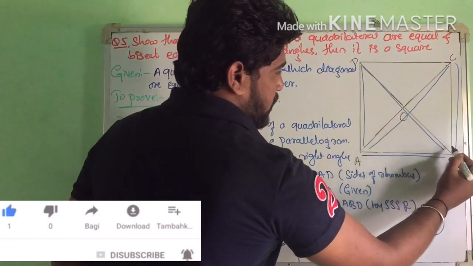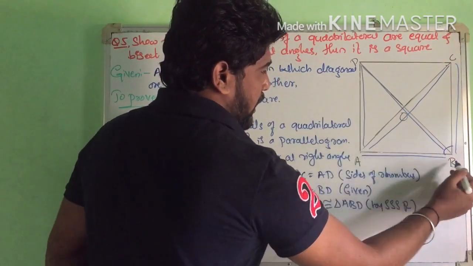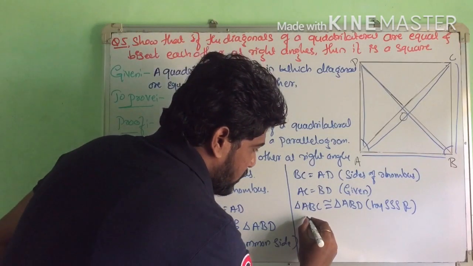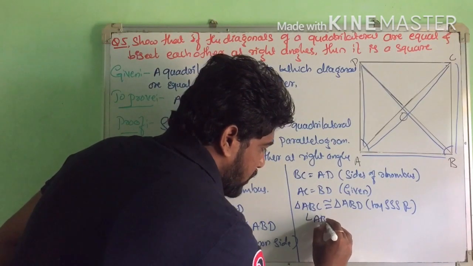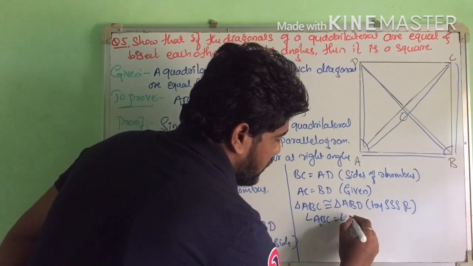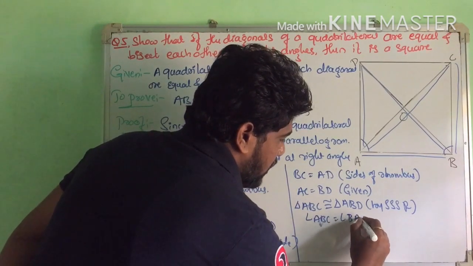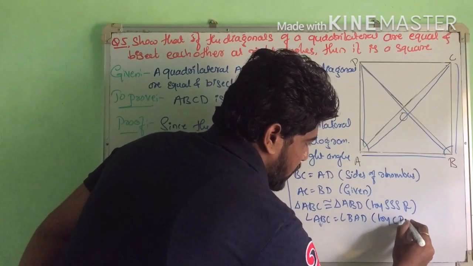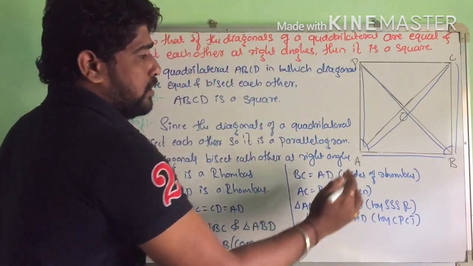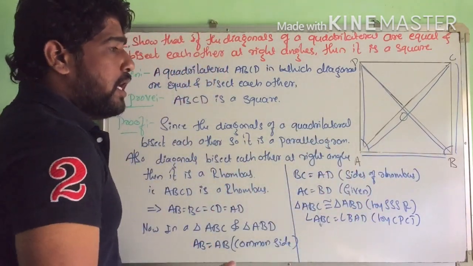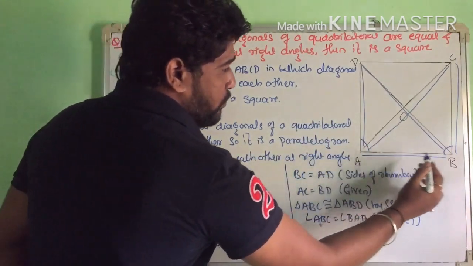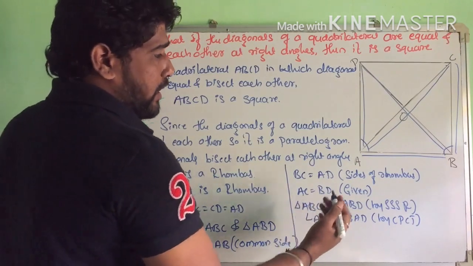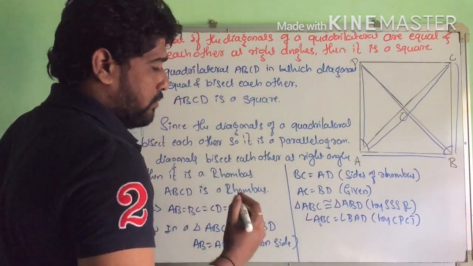So these two triangles are congruent to each other, means their corresponding parts are equal. So in triangle ABC, angle B, and in triangle ADB, angle A are equal. So here the angle ABC is equal to angle BAD by CPCT, right? These two angles are equal, and we know that the sum of these two angles is 180 because they are co-interior angles, ABCD being a parallelogram.